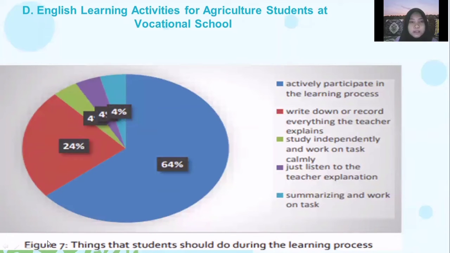The next is English learning activities for agriculture students at vocational school. The English learning activities, especially for agriculture students, are formulated by considering several factors such as activities students should do during the learning process, and activities teachers should do during the learning process.